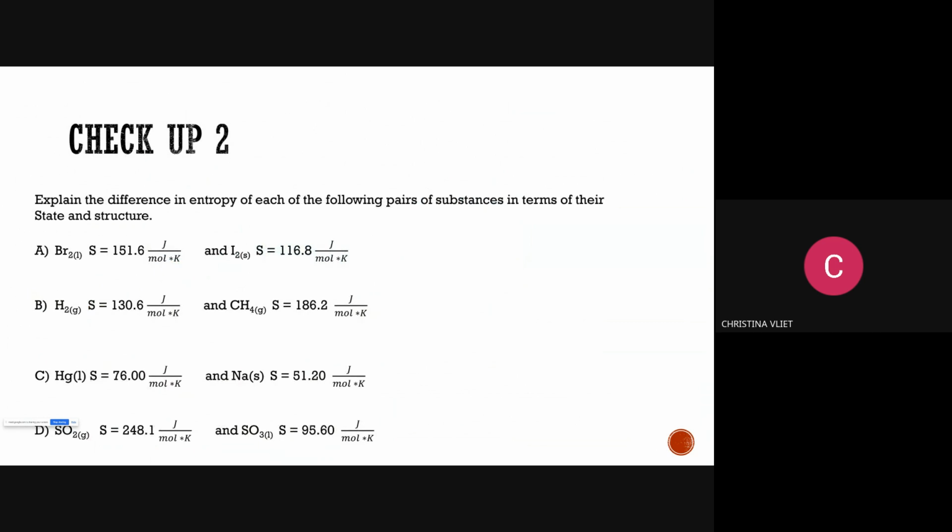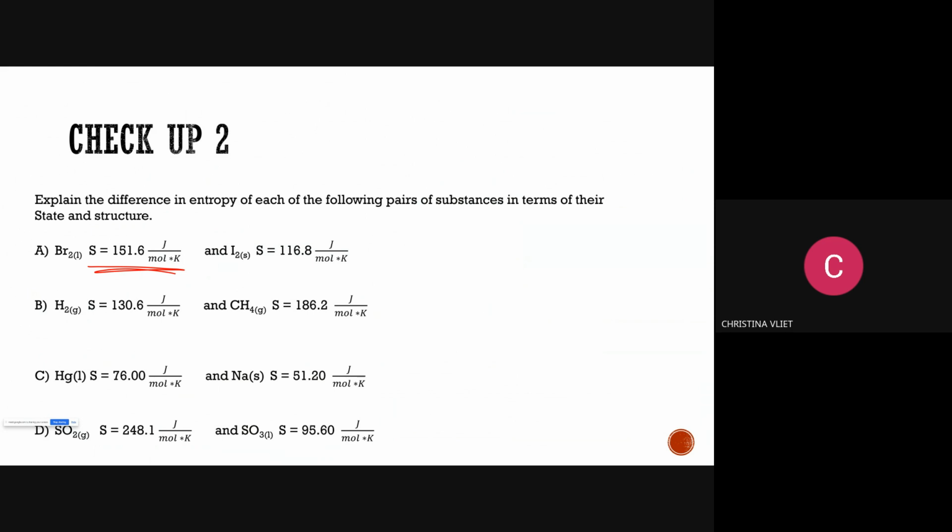So can we explain the difference in each of these? Br2 liquid versus I2 solid. Why does this substance have a higher entropy? And this is, again, a textbook question, looking at checkup 2. Why is this the higher number?